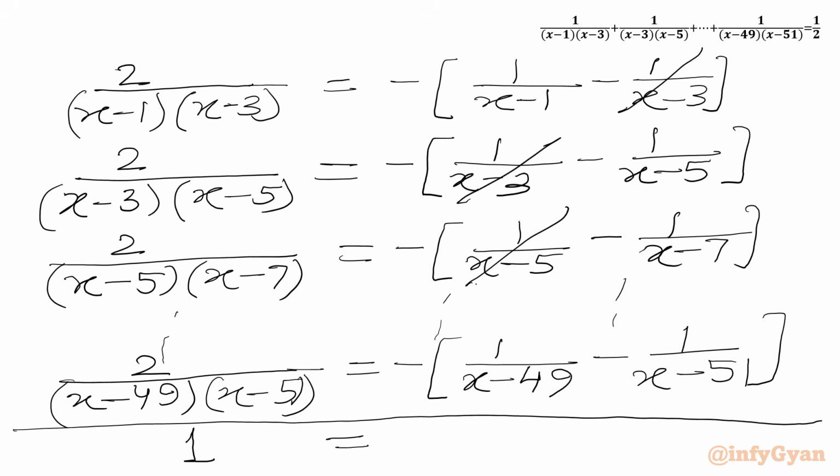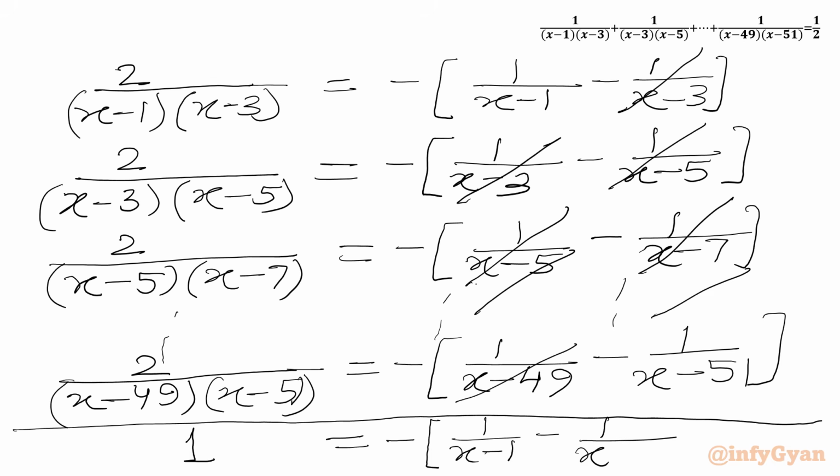Similarly, plus 1 over x minus 5 with minus 1 over x minus 5. In the same way, this term will get over with the term written over here. And 1 over x minus 49 will get cancelled out by the previous minus 1 over x minus 49. So we will get here minus is common, in bracket 1 over x minus 1 minus 1 over x minus 51.